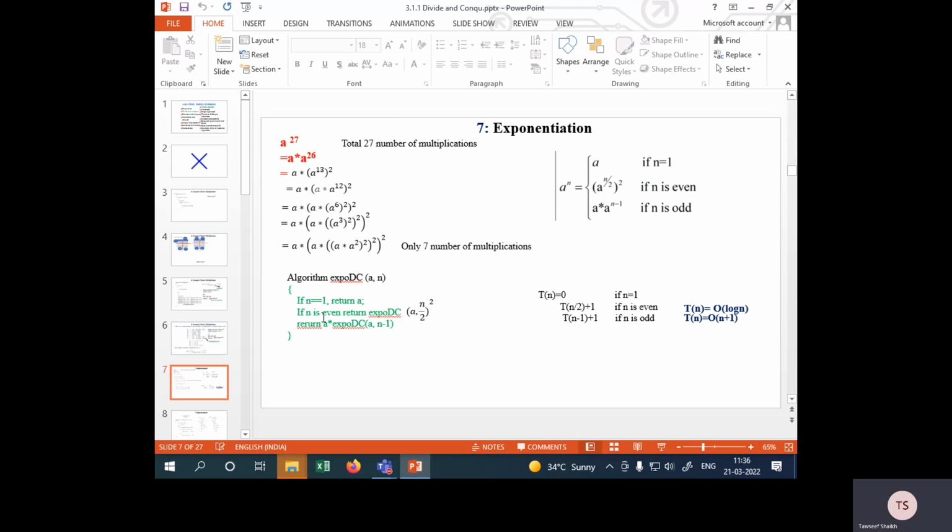If not, then if n is even, then return, make a recursive call to the exponentiation divide and conquer algorithm by passing the parameters a, n by 2, and its square, which we took here. Now if that is also not the case, if n is odd, then return a times, and again make a recursive call to Expo DC with a, and now give the parameter n minus 1, n minus 1.